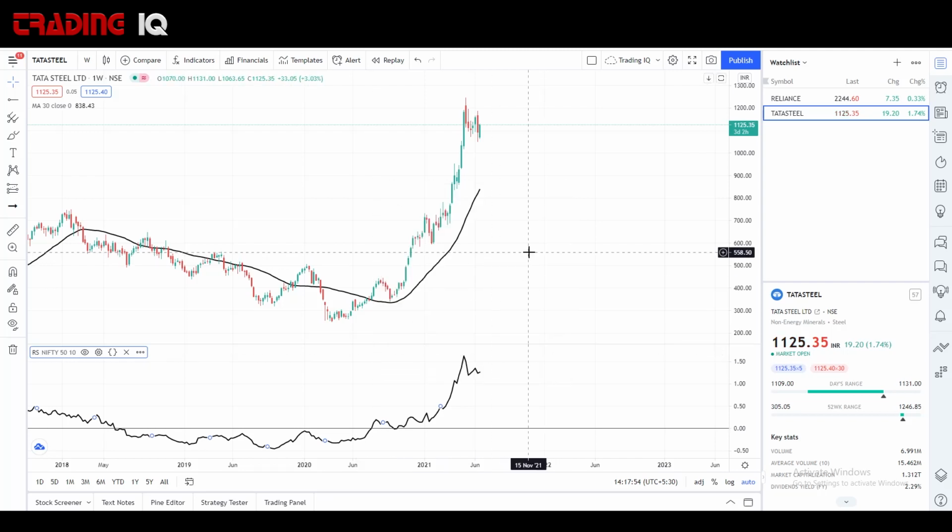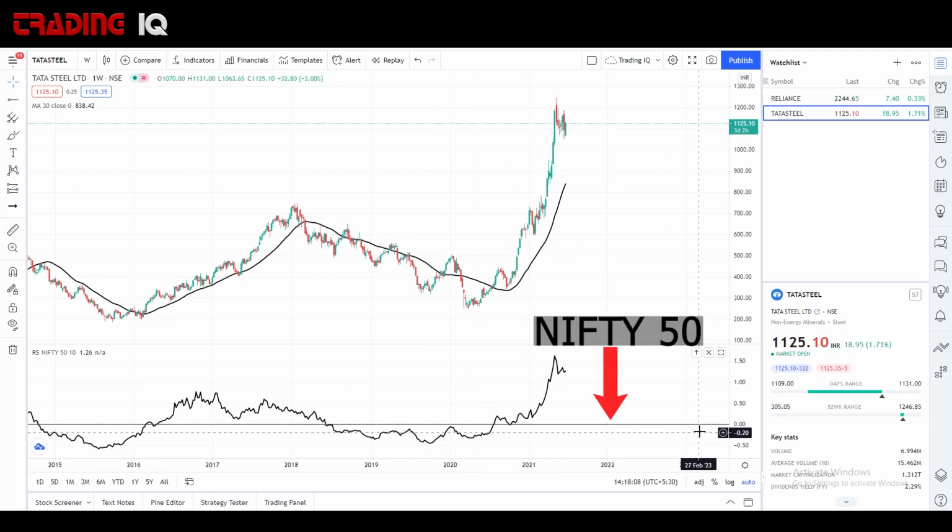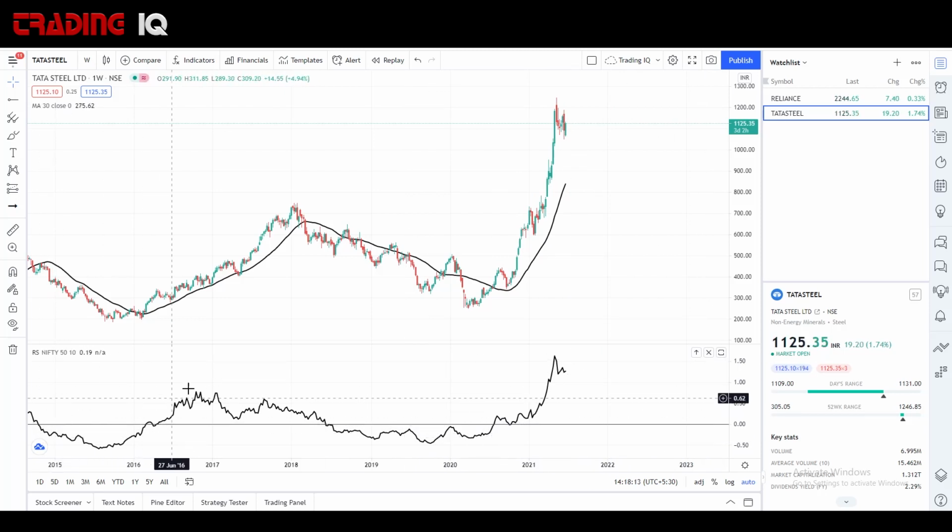So this is the comparison between the prices of Nifty 50 and Tata Steel. Again, what you can see: the horizontal line you see is the market, and the moving line is the price movement of the stock compared to the market. So compared to the market, Tata Steel is currently performing better.